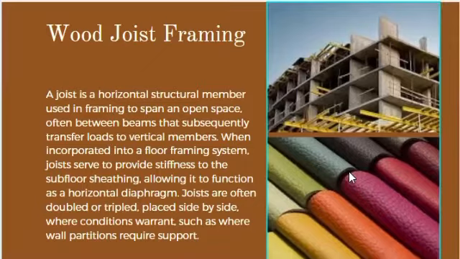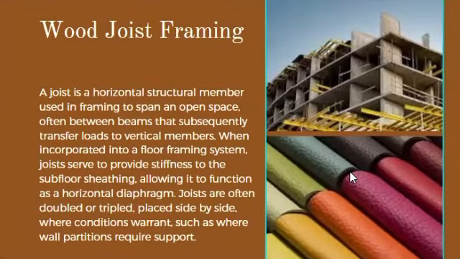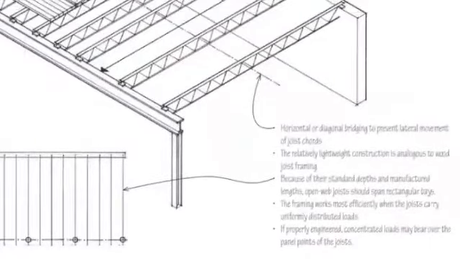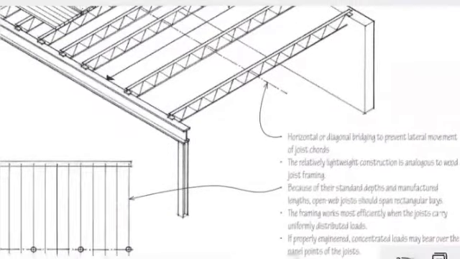Joists are often doubled or tripled, placed side by side where connections such as where partitions require support. So these are the pictures that represent it. Horizontal or diagonal bridging to prevent internal chords.